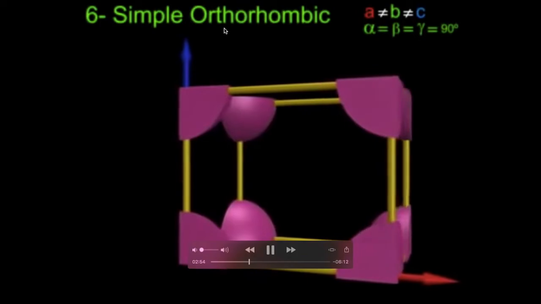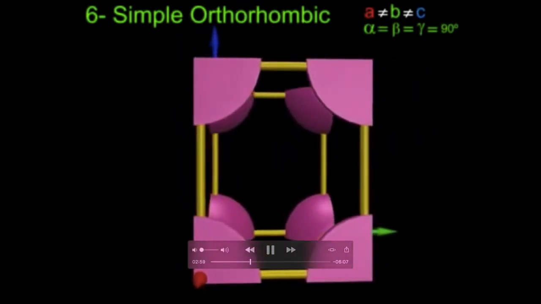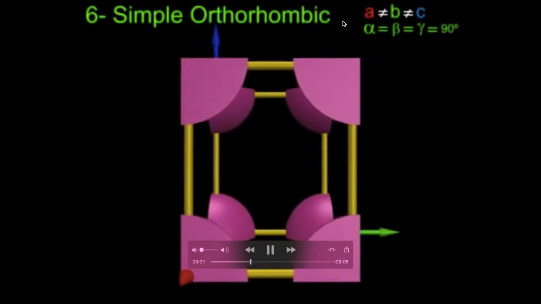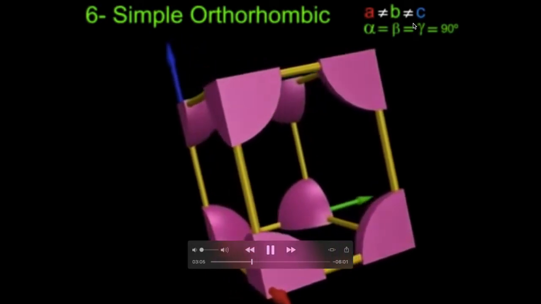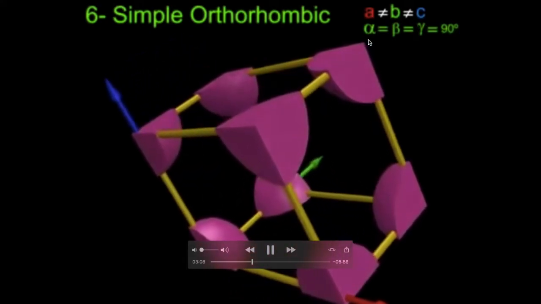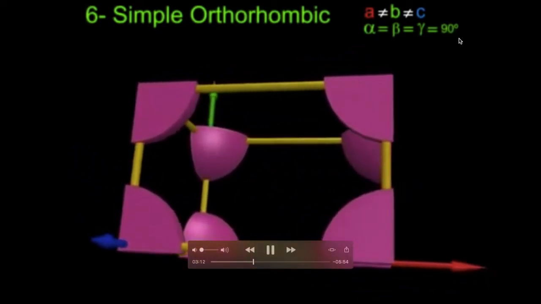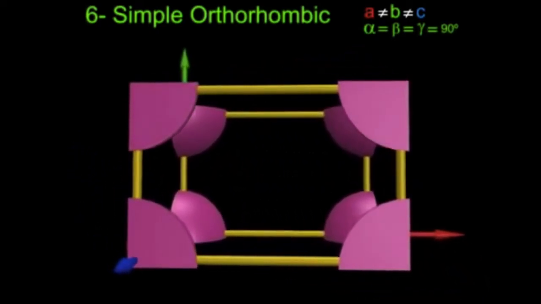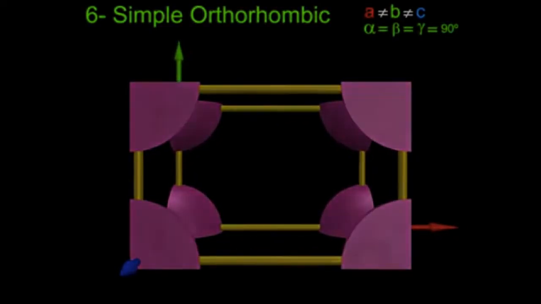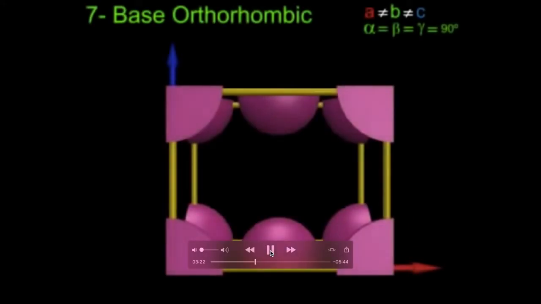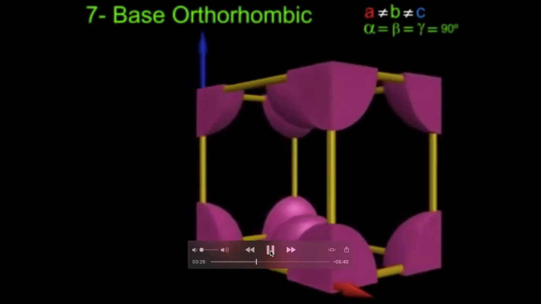Simple orthorhombic. In this type of unit cell, a is not equal to b is not equal to c, but all angles are equal to 90 degrees. Next type of unit cell is orthorhombic.